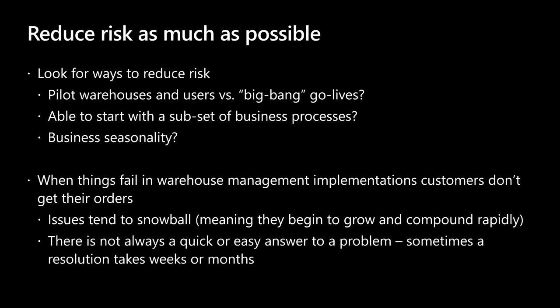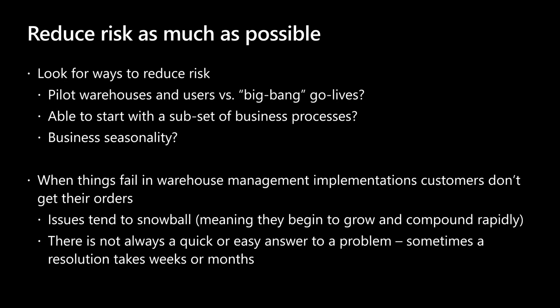This might include: could we start with a few smaller warehouses, have them go live, make sure everything is working as expected, and iron out some of the bugs or things that were not considered before go live, get those all taken care of up front before we start bringing on the entire company? Is that possible, versus a big bang, which would mean all warehouses, all users simultaneously going live.